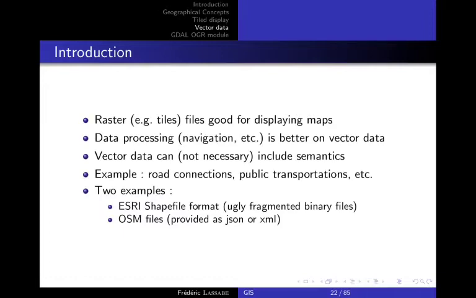One is the S3 shapefile format, which is ugly, in the sense it's not human readable, a fragmented binary file, and the OpenStreetMap files, which are provided as JSON or XML, which is easier to use, but less compact.